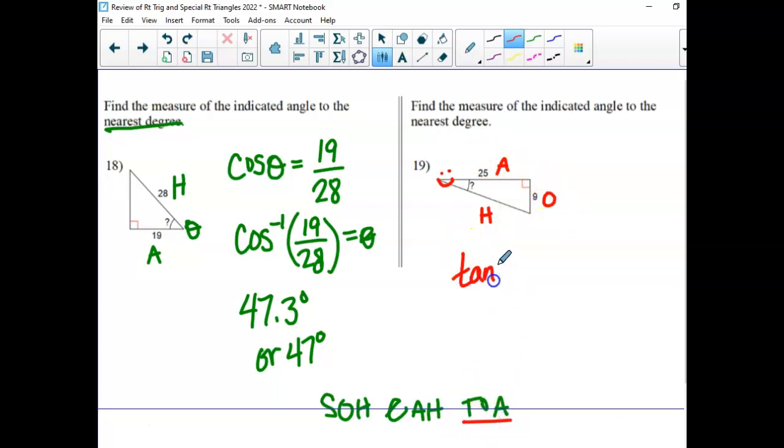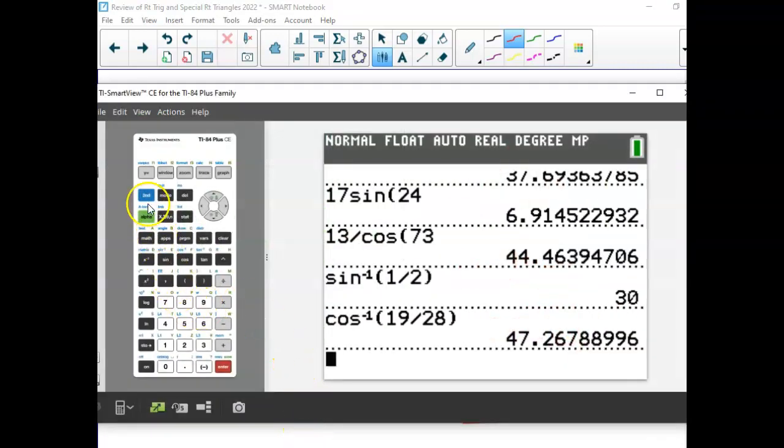So we have the tangent of some angle equals 9 over 25. It's O over A. So when we type it, we type second tangent of 9 over 25, and we should get an acute angle less than 90. Second tangent 9 over 25.